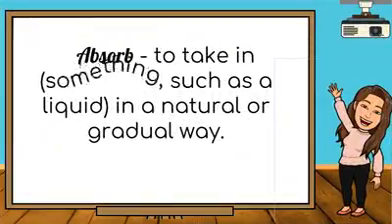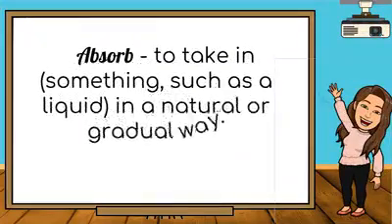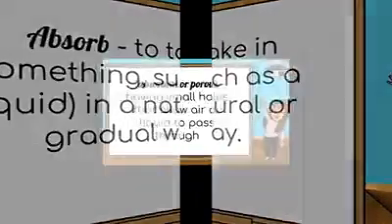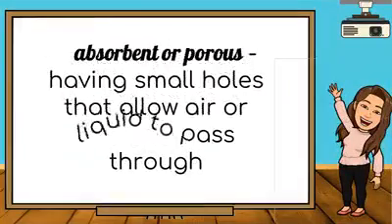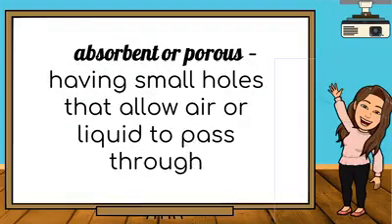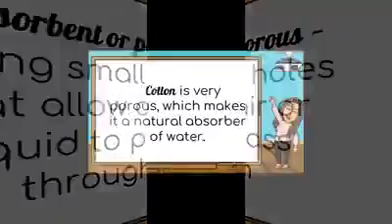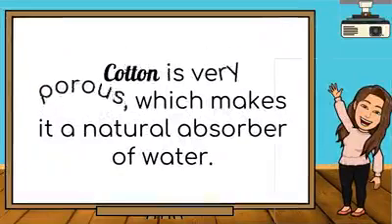First, when you say absorb, it means to take in something such as liquid in a natural or gradual way. There are materials that absorb water and do not absorb water. Materials that absorb water are called absorbent or porous, having small holes that allow air or liquid to pass through.